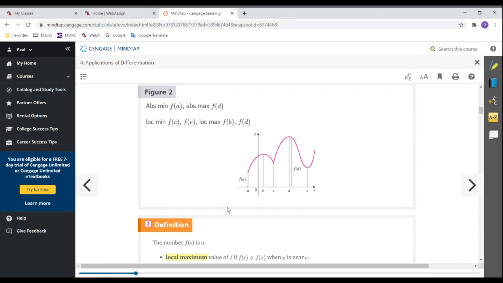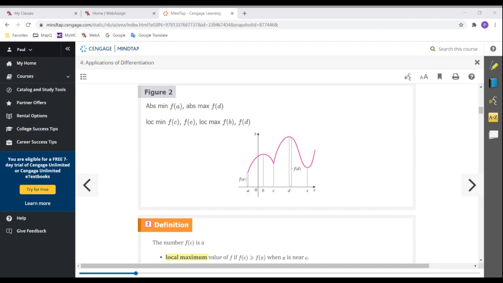At what value of x is the function highest in the picture in figure 2? That's right, at x equals d. That's right, Chucko. When x equals d, the function is highest there. So that's an absolute max.